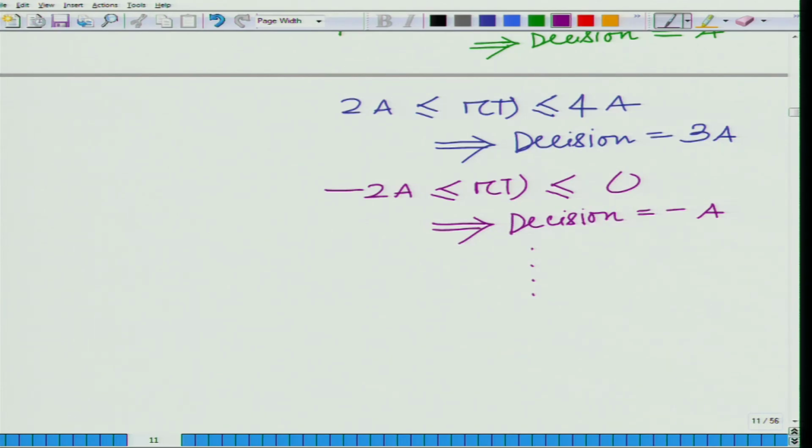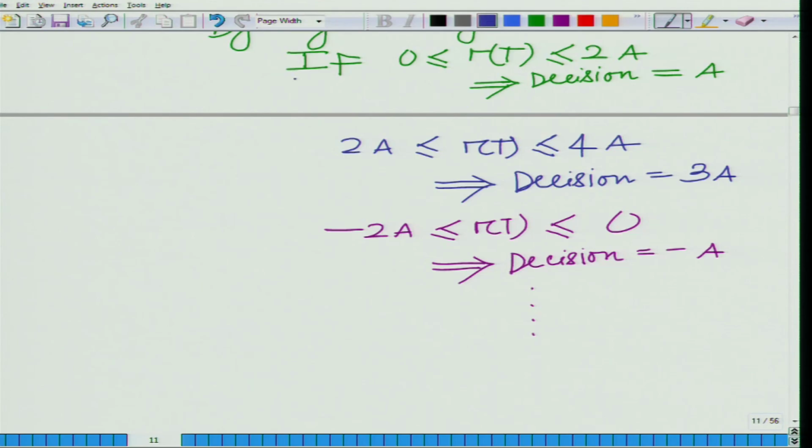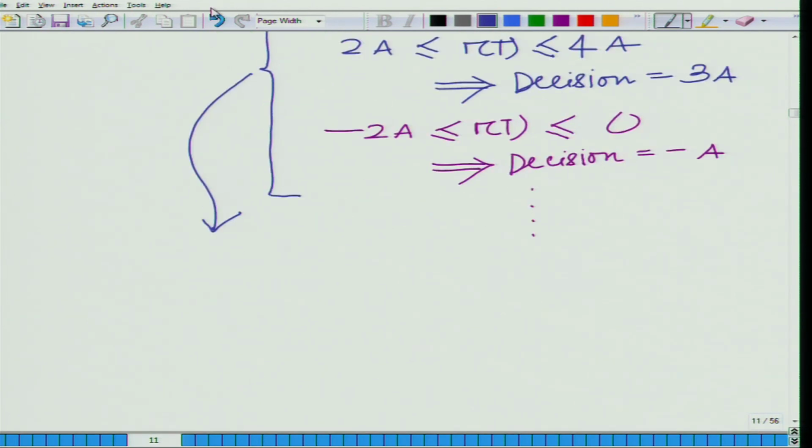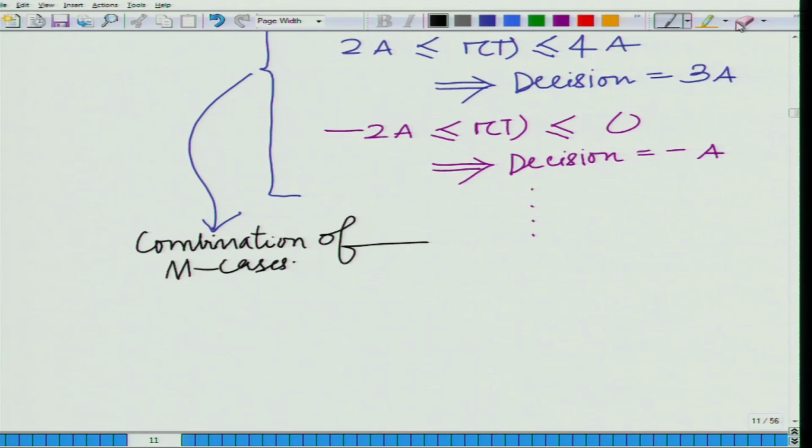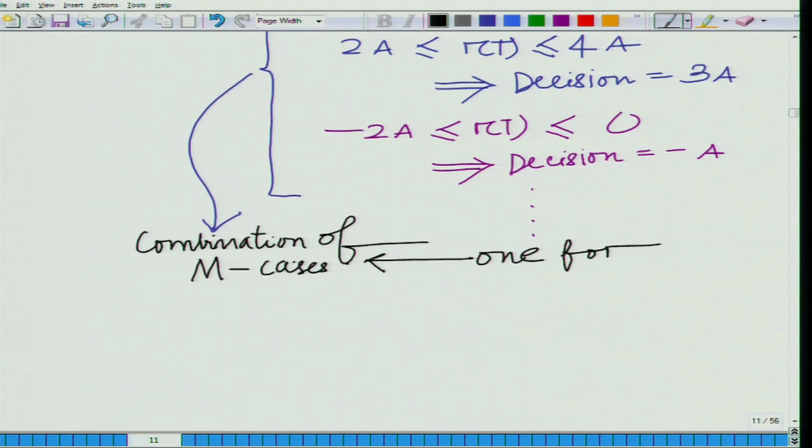I think this is complete. There are going to be M decision rules naturally for the M constellation points. It is not one single decision rule; it is going to be a combination of M cases, one for each point, similar to what you have in any programming language, where you have a case and depending on the case there is an outcome.